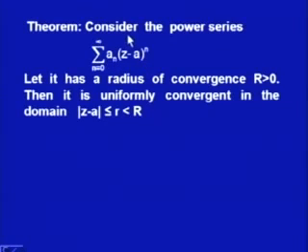We say that if we have this power series, the sum of a_n (z minus a) raised to power n, n varying from 0 to infinity, that is a power series centered at z equal to a, and it has a radius of convergence R greater than 0, then it is uniformly convergent in the domain modulus of z minus a less than or equal to r, for some r which will be smaller than capital R, the radius of convergence.